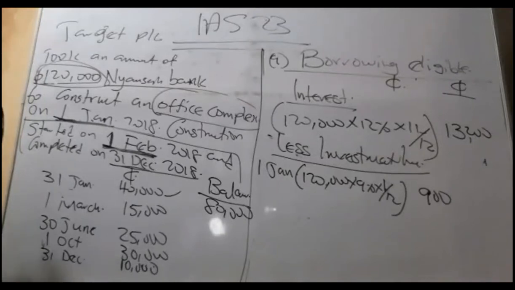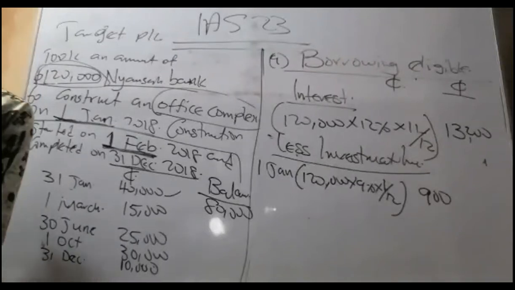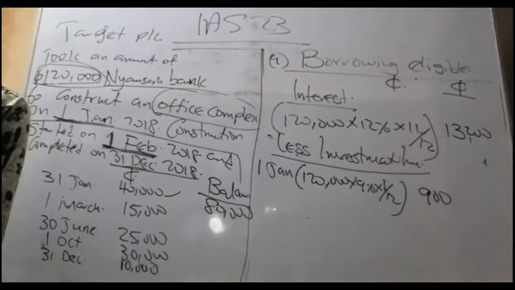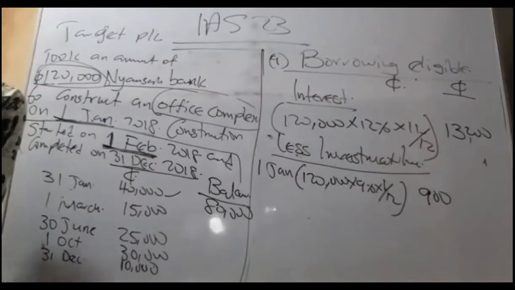From 31st January to what? 1st March. Are you sure it will be 1? 31st January up to 1st of March. Will it be one or two or three?